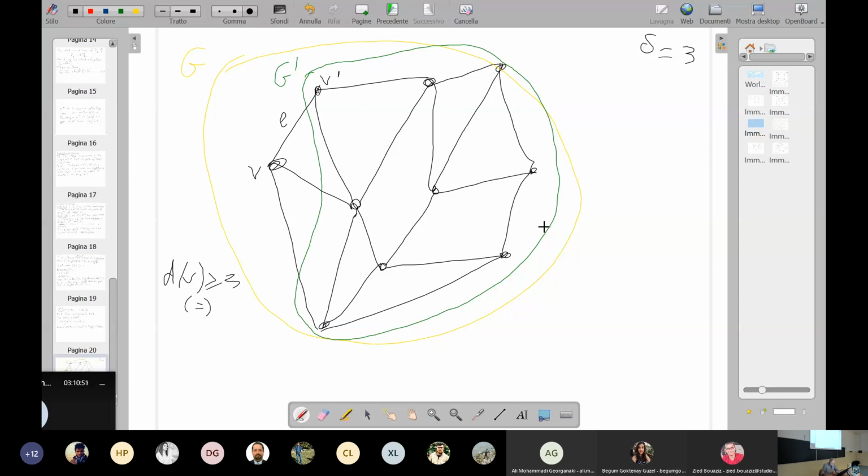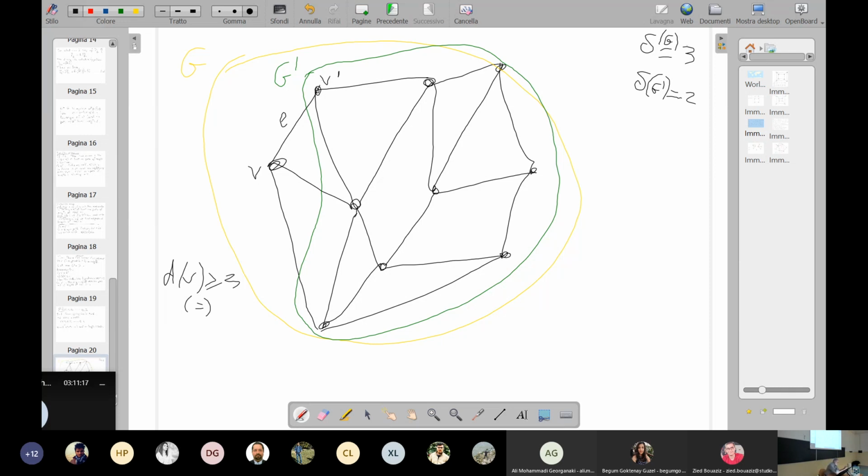Now we have G prime, and look at G prime. So this was delta of the whole G. But now delta of G prime is actually smaller because here we have degree 2, okay? And what does my inductive hypothesis say?